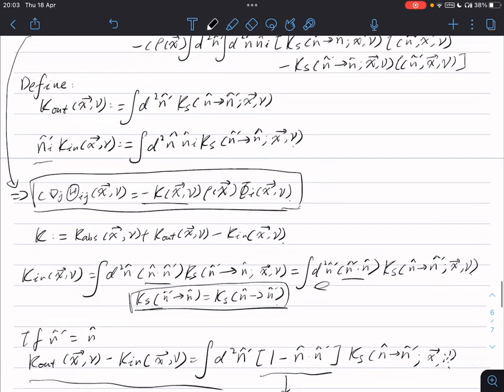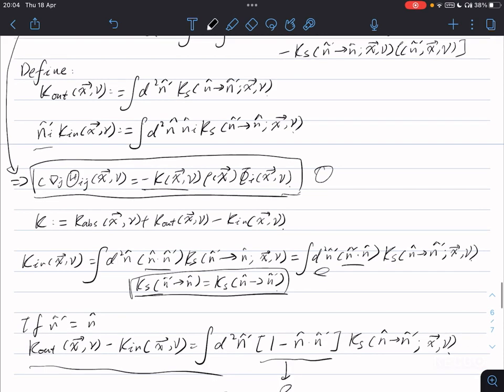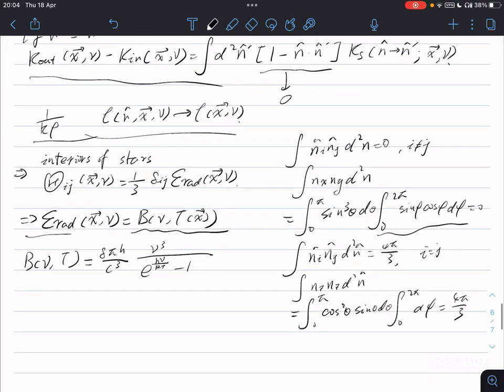Recall the equation we have obtained before, and substitute this equation and this equation into it.